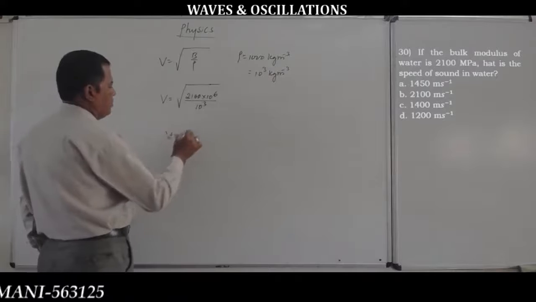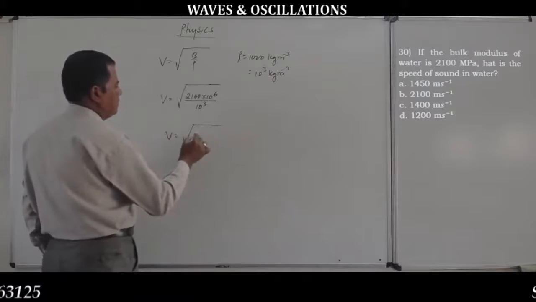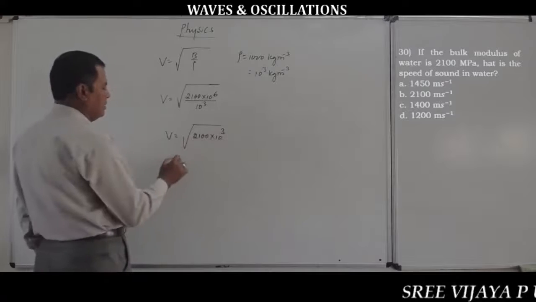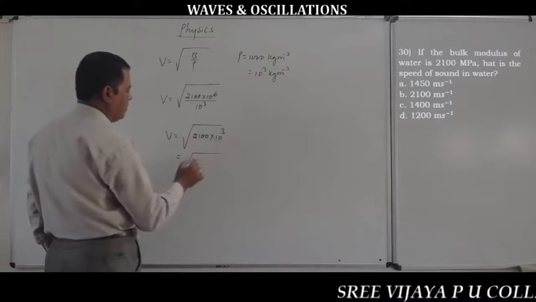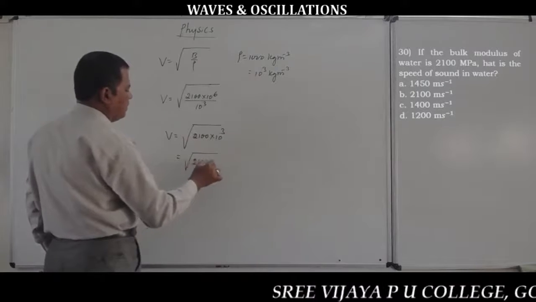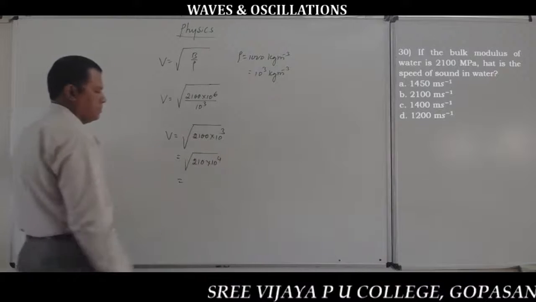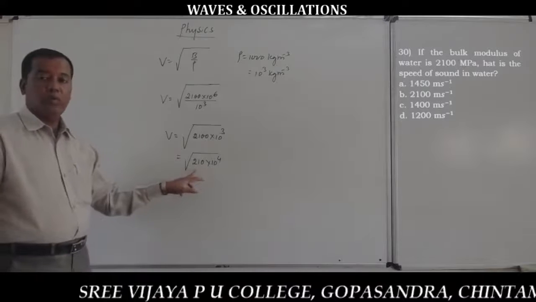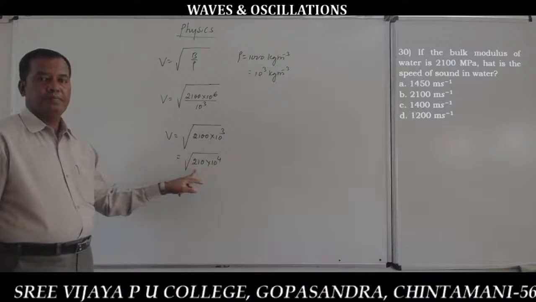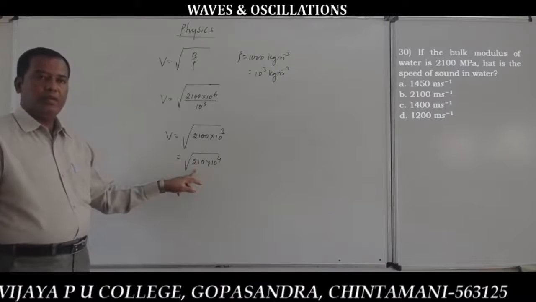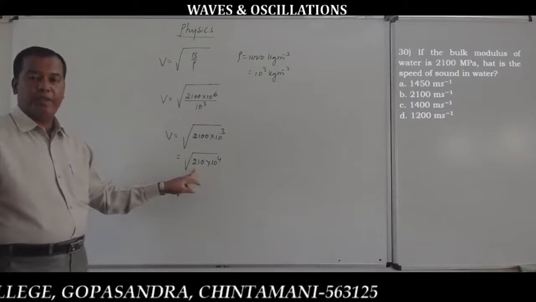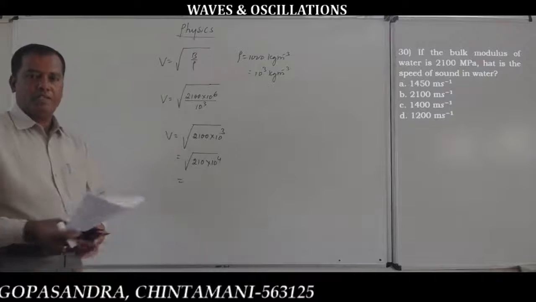V is equal to square root of, just make a perfect square number, power 210 into 10 power 4. Square root of 210: the square root of 225 is 15, so its value will be greater than 14 and less than 15.